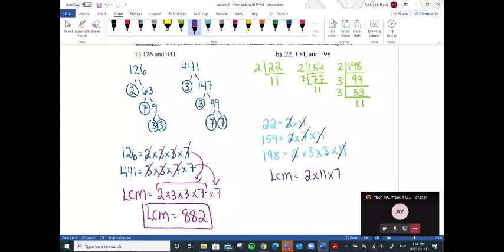It doesn't exist here, so I don't have to cross it off. And there's 2 extra 3s that I have to add on. So you basically have to make sure you're using every single number in here. You just can't duplicate one of the numbers. So we get 2 times 11 times 7 times 3 times 3. So that's a big one. So we get a lowest common multiple of 1,386.